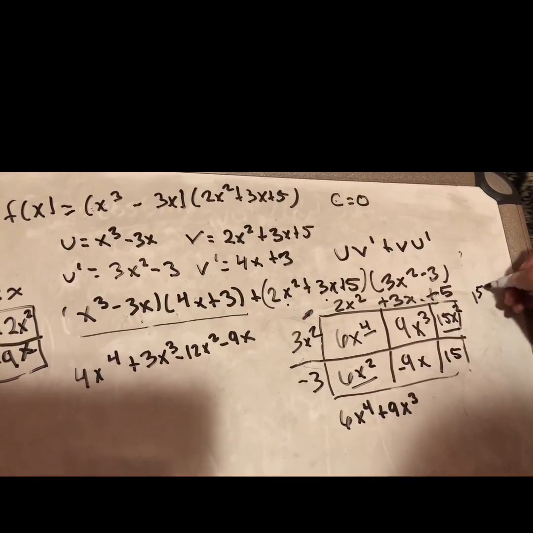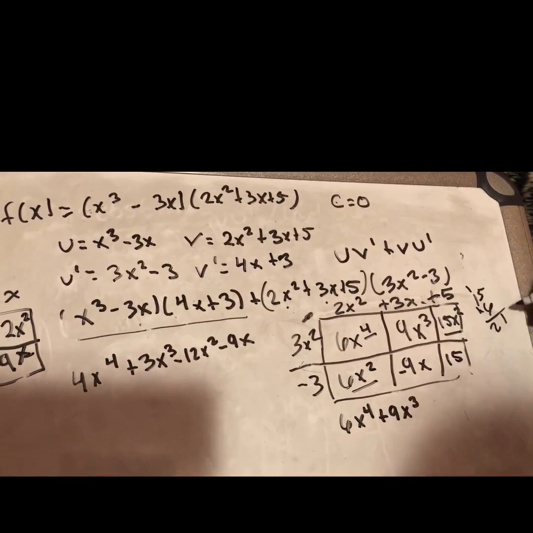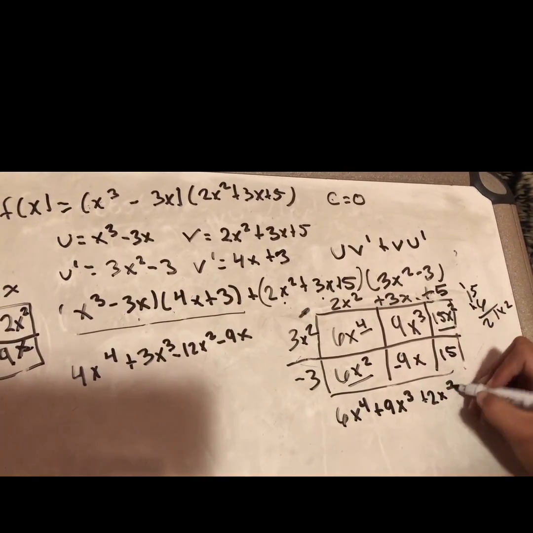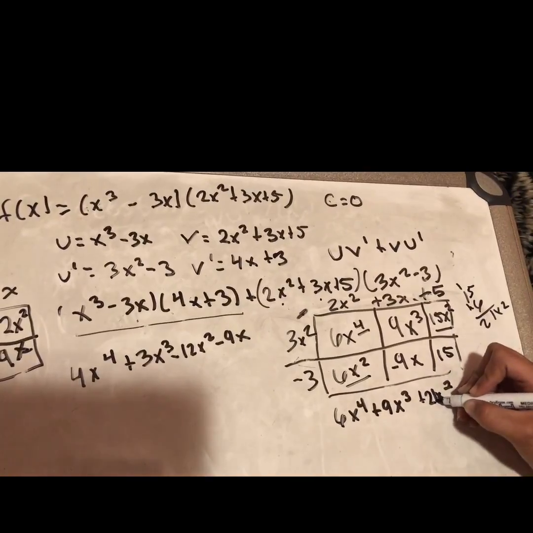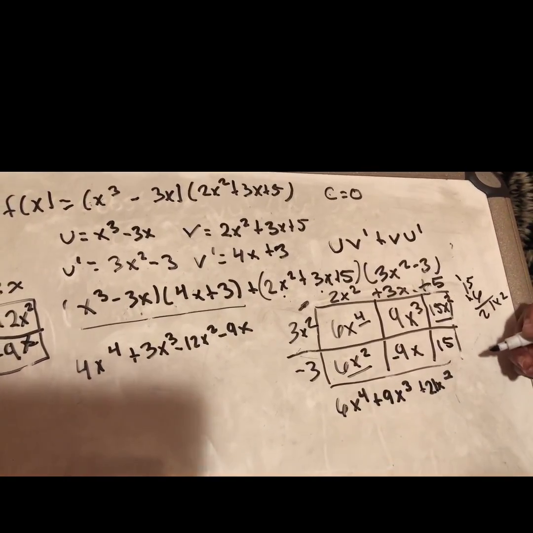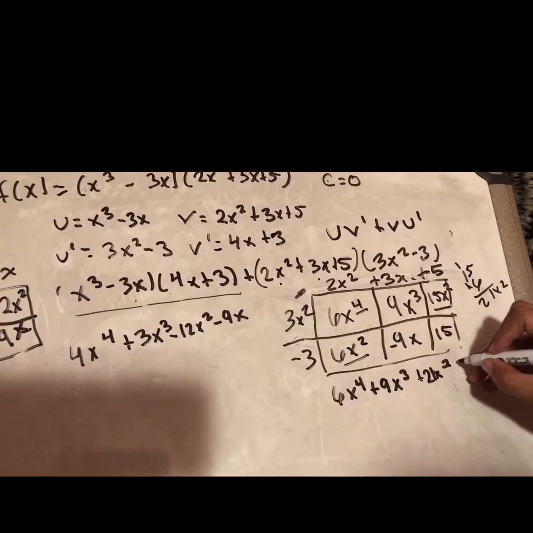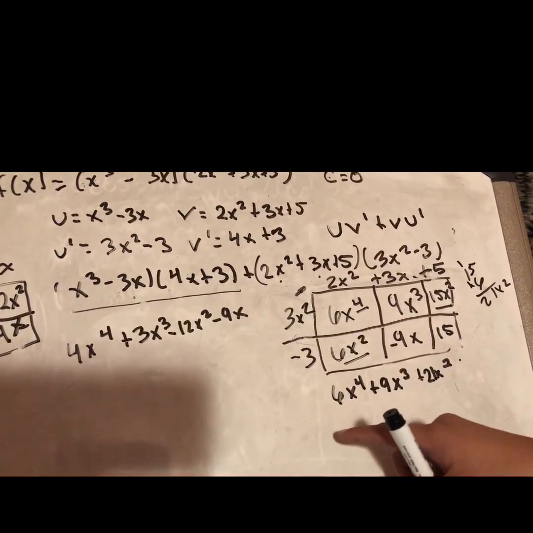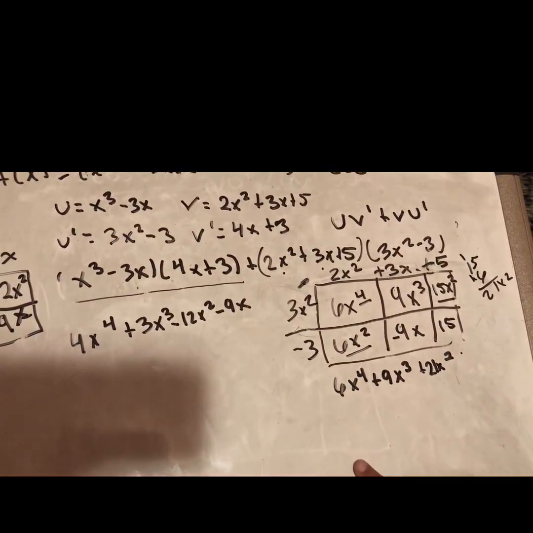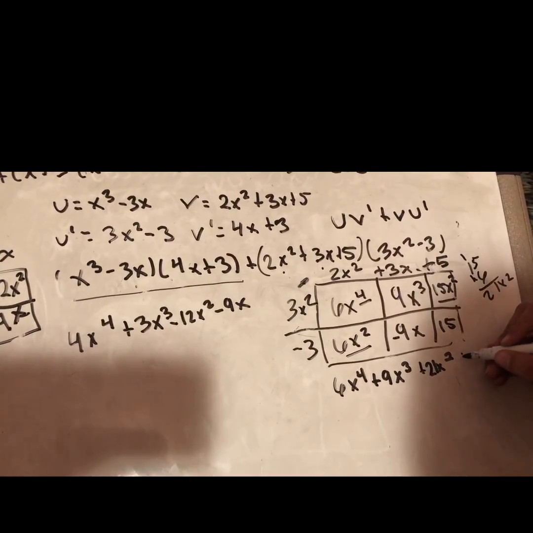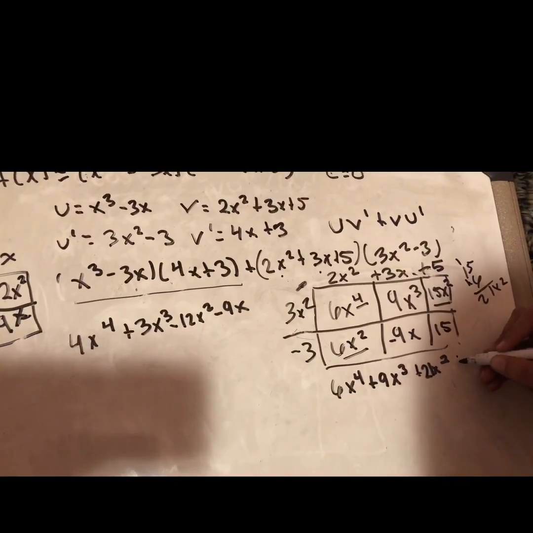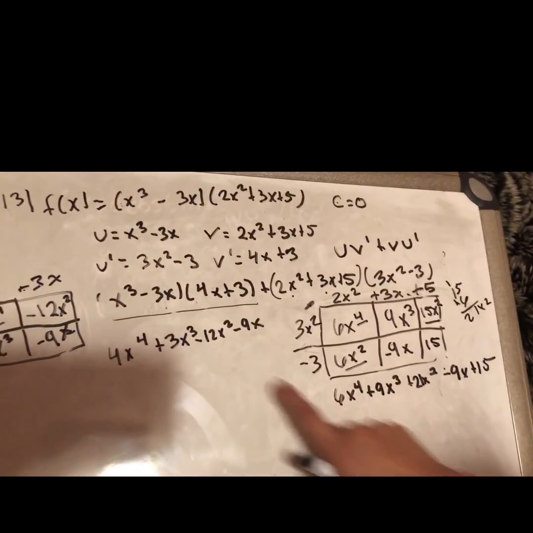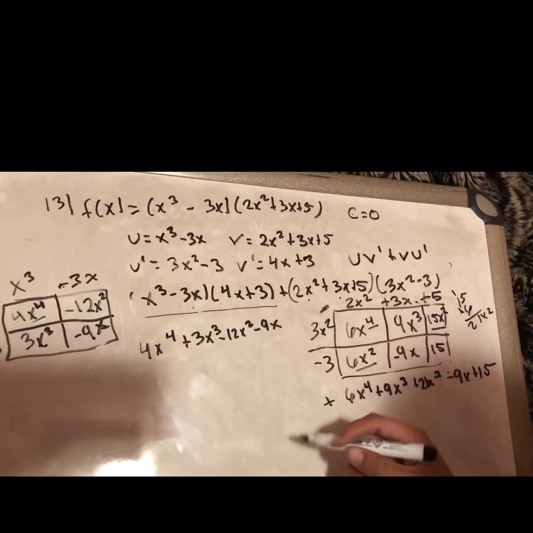So 15 plus 6 is 21, so it's going to be plus 21x squared minus 9x plus 15. So now you would combine both of these together.